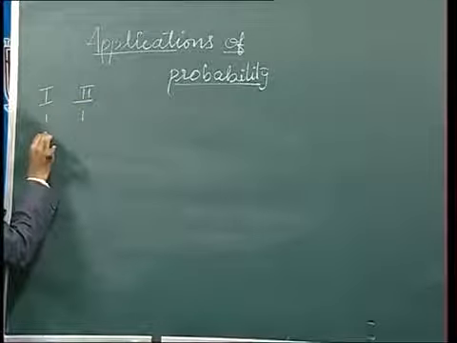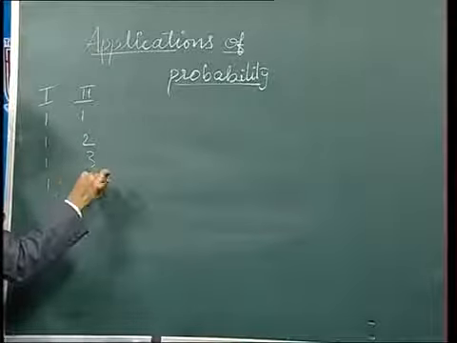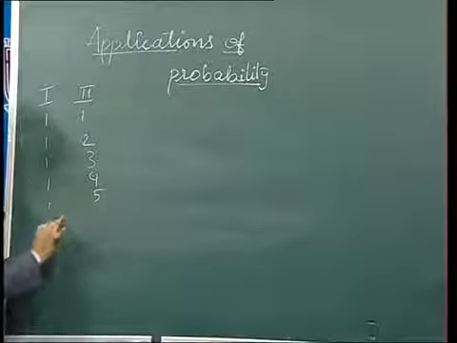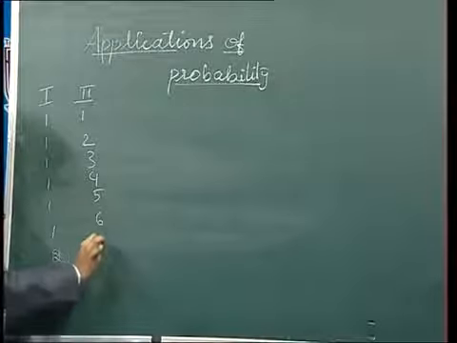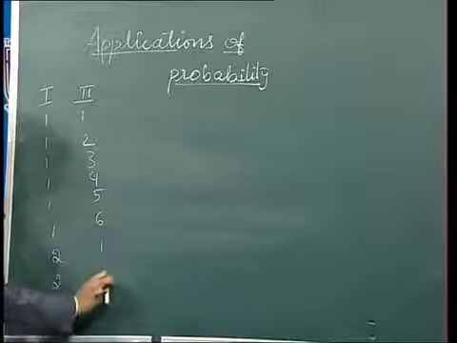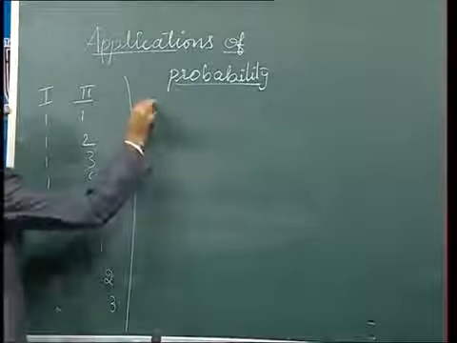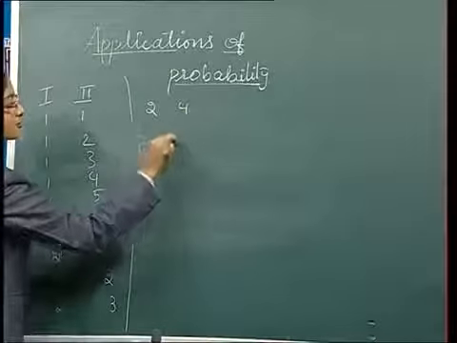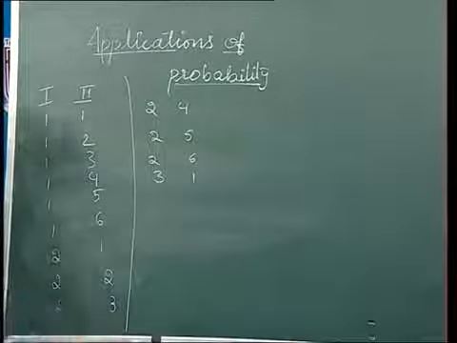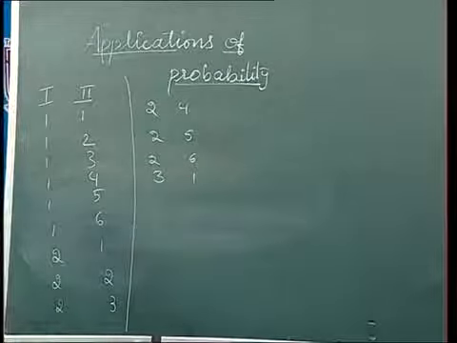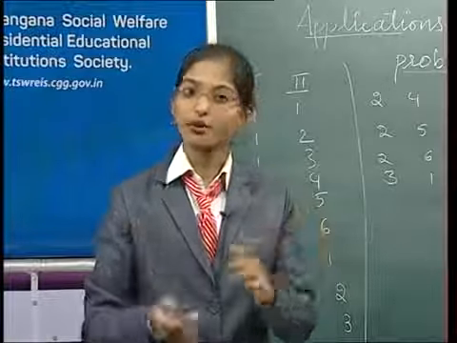The second one 1, 2 and 1, 3, 1, 4, 1, 5, 1, 6, next 2, 1, 2, 2, 2, 3, the next is 2, 4, 2, 5, 2, 6 and then again the third one will start. So, when we write like this, we will come up to 36 total outcomes.